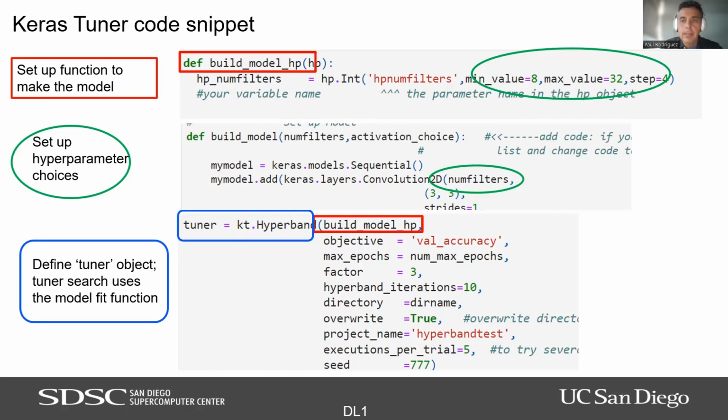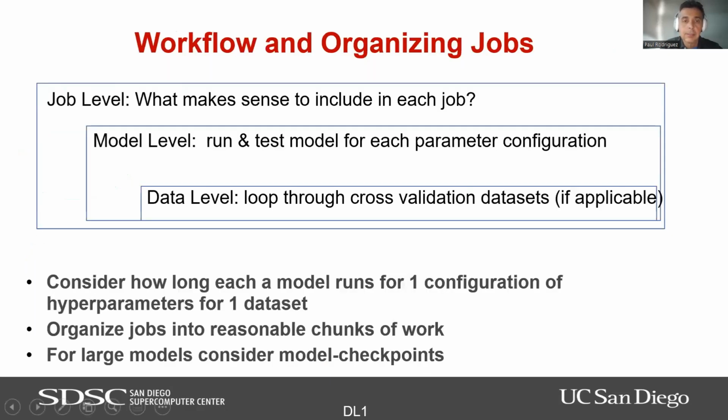All right, I'm not going to say too much more about this because we're going to do an exercise of that in a second, but I just wanted to finish up a couple of thoughts. When you're organizing your workflow, ask yourself, what does it make sense to include in each job? Figure out how long your model runs take, and that's going to tell you how many model runs you should try in a job.